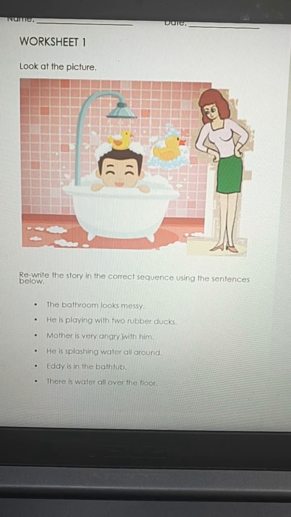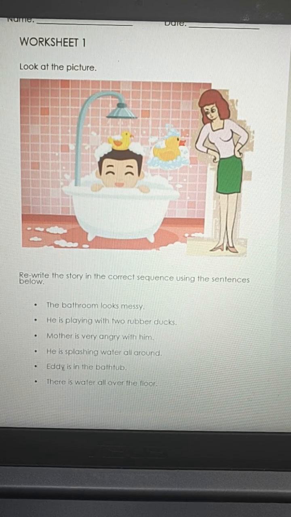Mother is very angry with him. He is splashing water all around. Eddie is in the bathtub. There is water all over the floor. So we have to write the story in the correct sequence. So which sentence should come first?